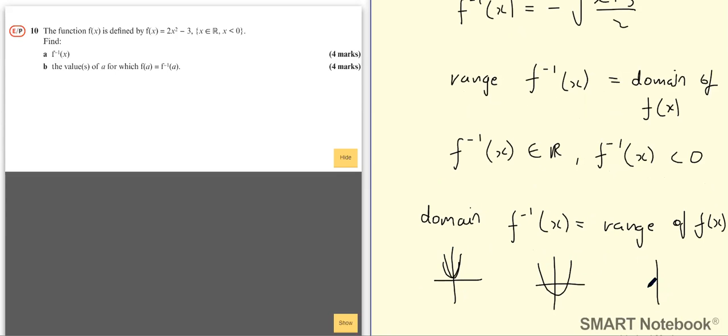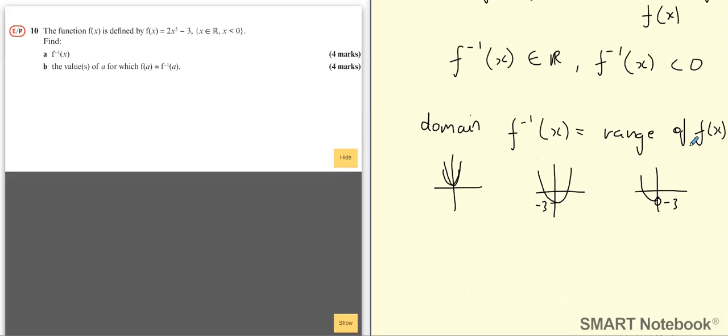It looks like this, but we are only going to consider x values less than 0. So we should have something that looks like this. So what is the range of this graph? Well, lowest it can be is minus 3, but we're not including that. Anything higher.